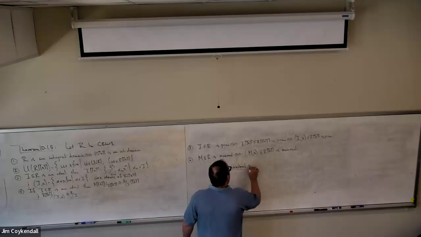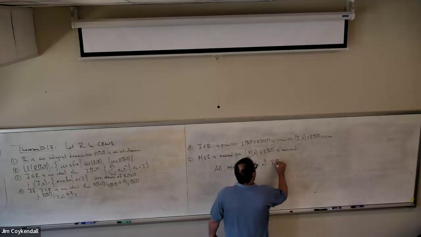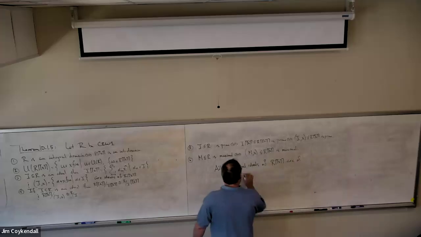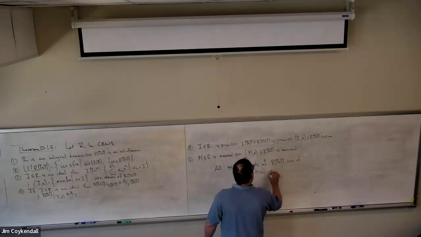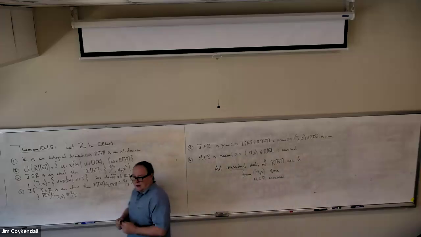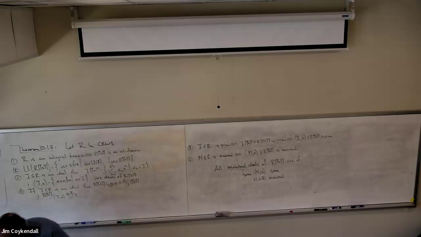All maximal ideals of R[[x]] are of the form (M, x) for some M maximal in R. And that's the difference from polynomials in this regard. Okay.